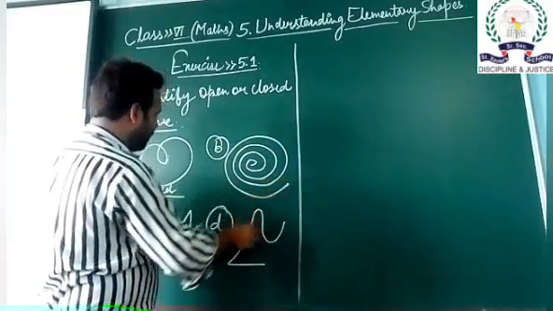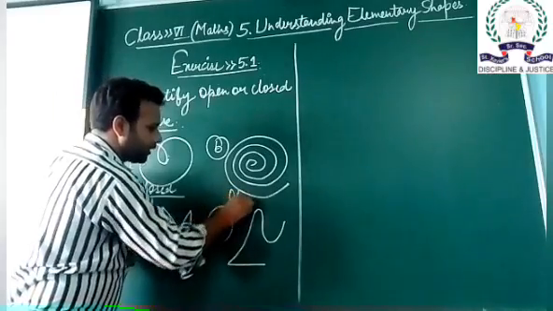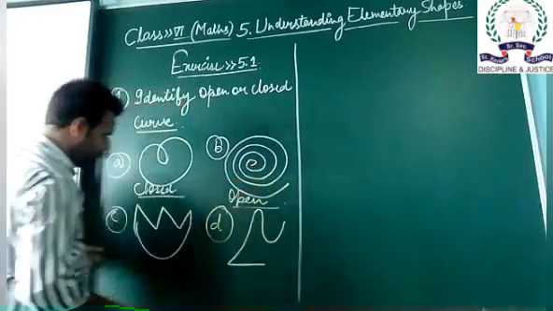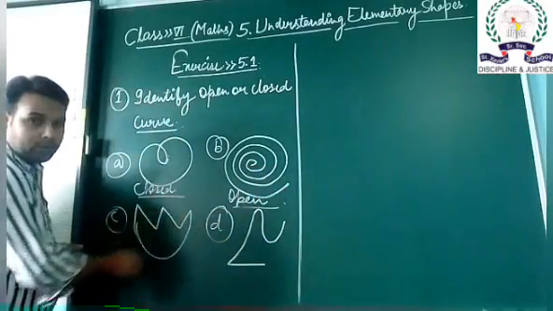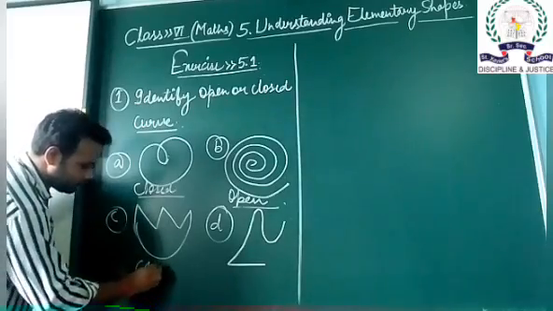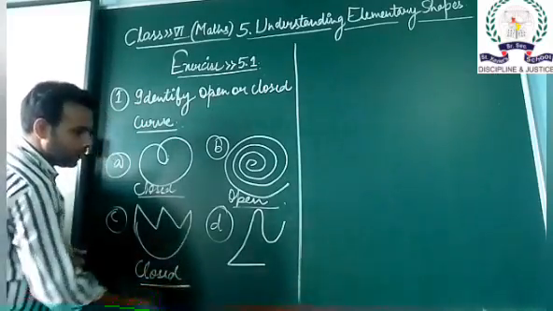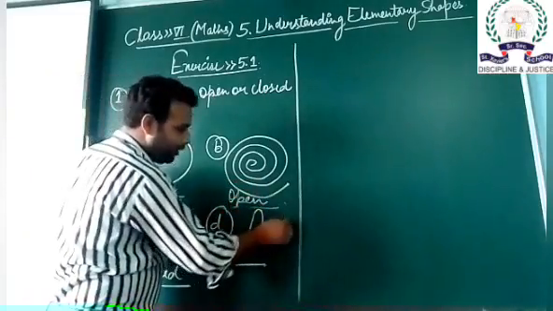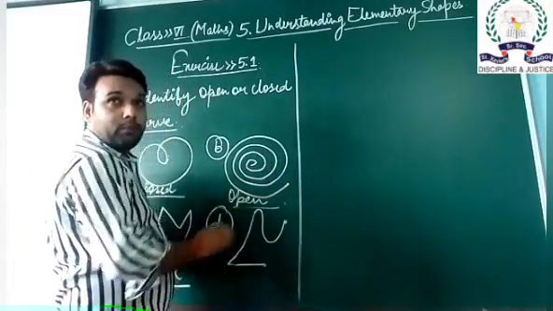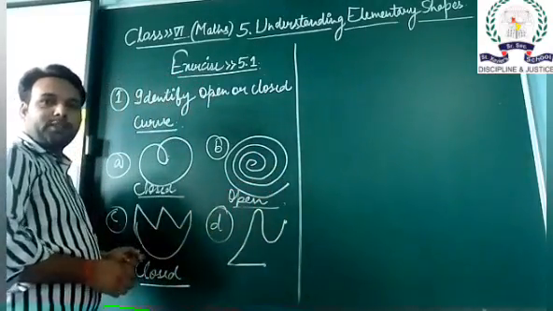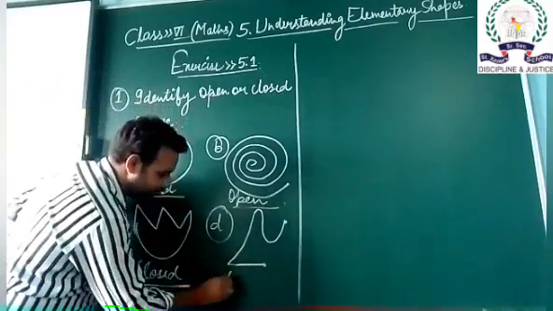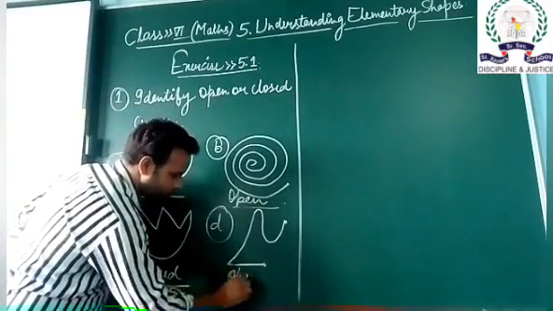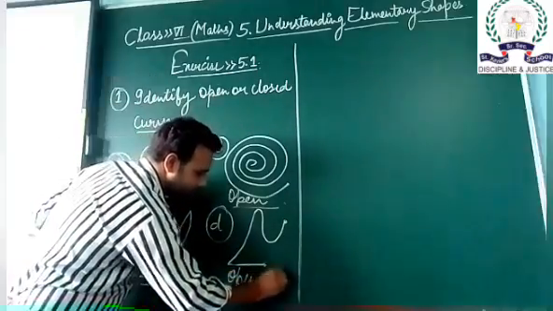It means it is not closed, it is an open curve. And this is a closed curve, right here. And this also, its starting point is here and its ending point is here. Both have different positions, it means that is an open curve.